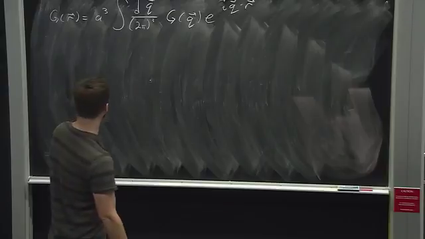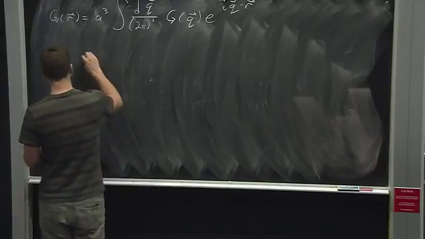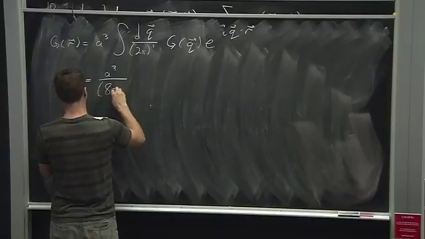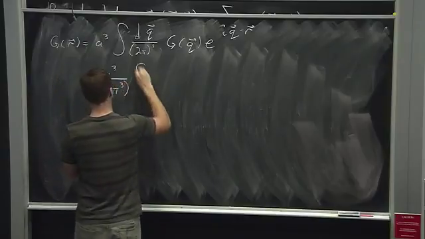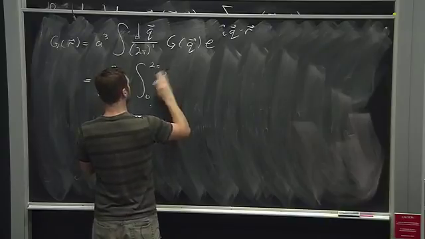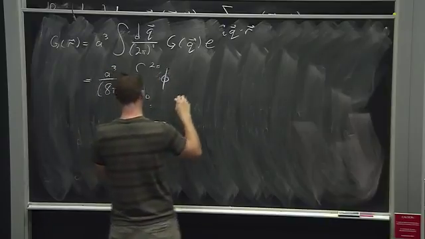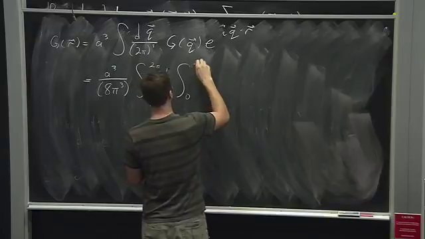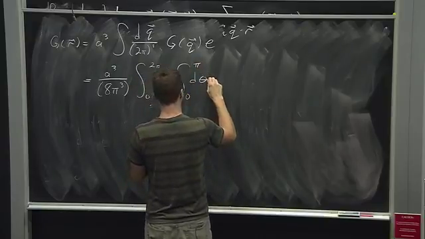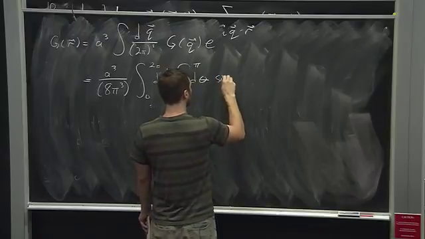I can do this because I can do spherical polar coordinates in 3D. Phi, this isn't your field, I'll call it this type of phi. 0 to 2 pi. Theta goes from 0 to pi, Jacobian sine theta.